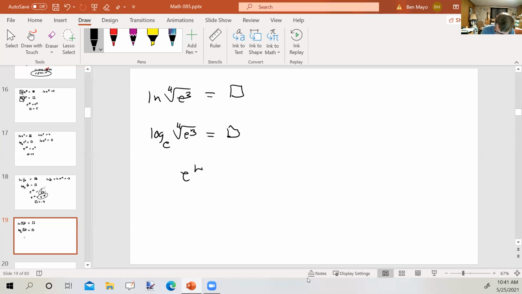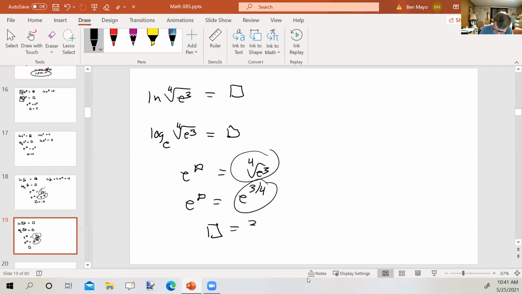So we've got e to the box equals the 4th root of e cubed, but isn't that e to the 3/4 power, changing this radical into exponential form? So the box is 3/4. All right, now we're going to use our calculators to come up with some values.